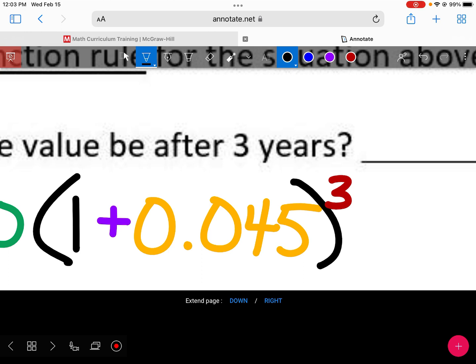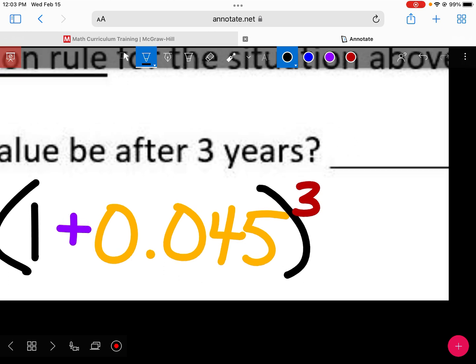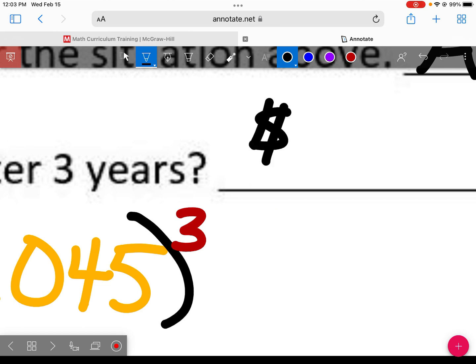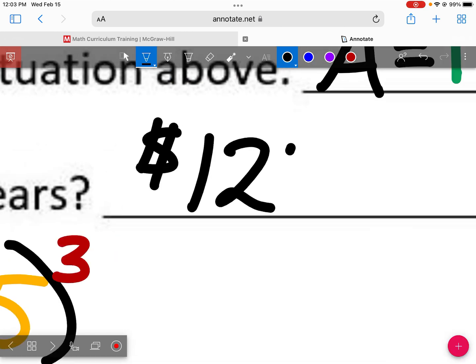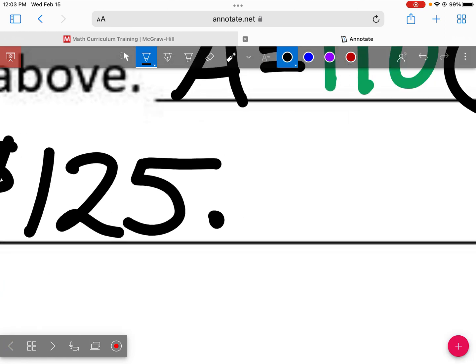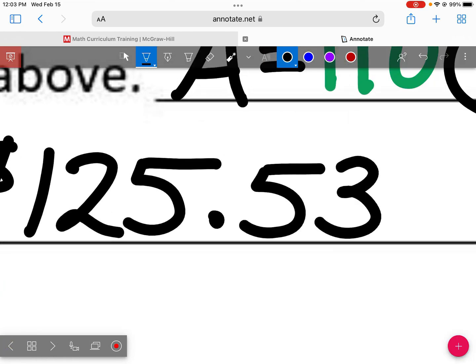We'll save the rest for tomorrow. You said 125.53. If you put 52 cents, I would accept that as just as correct as 53 cents.